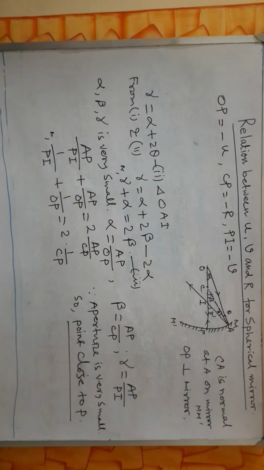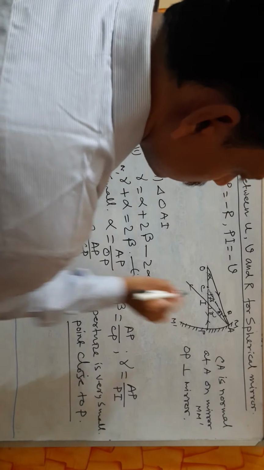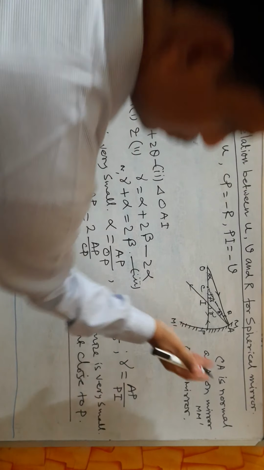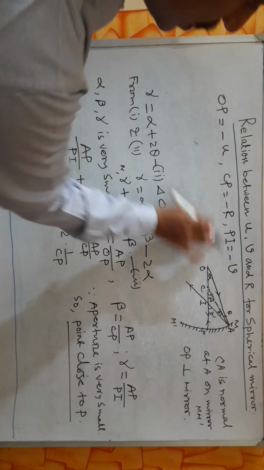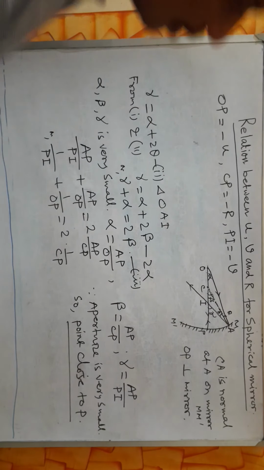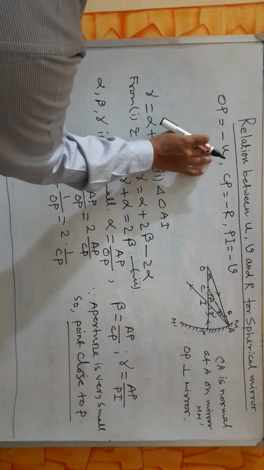With the sign convention, pole P is the origin. So the image distance, object distance, and radius of curvature are negative.